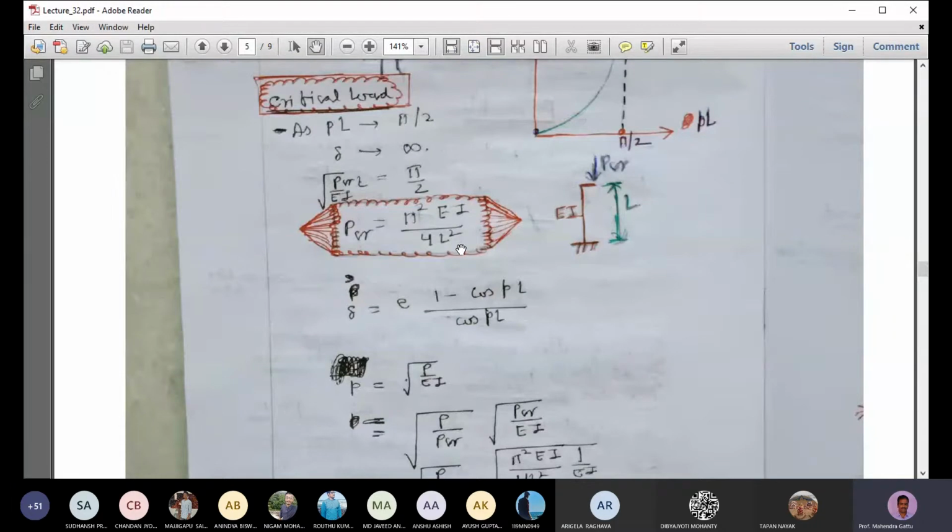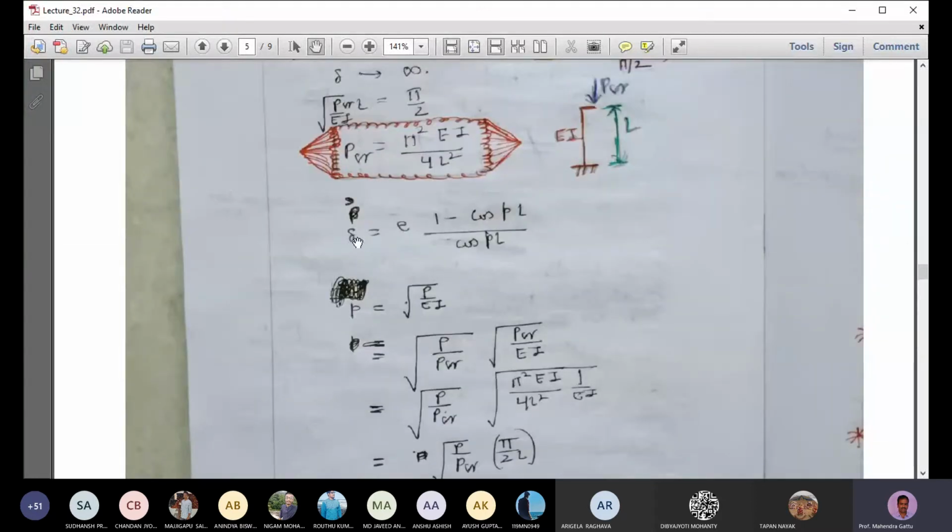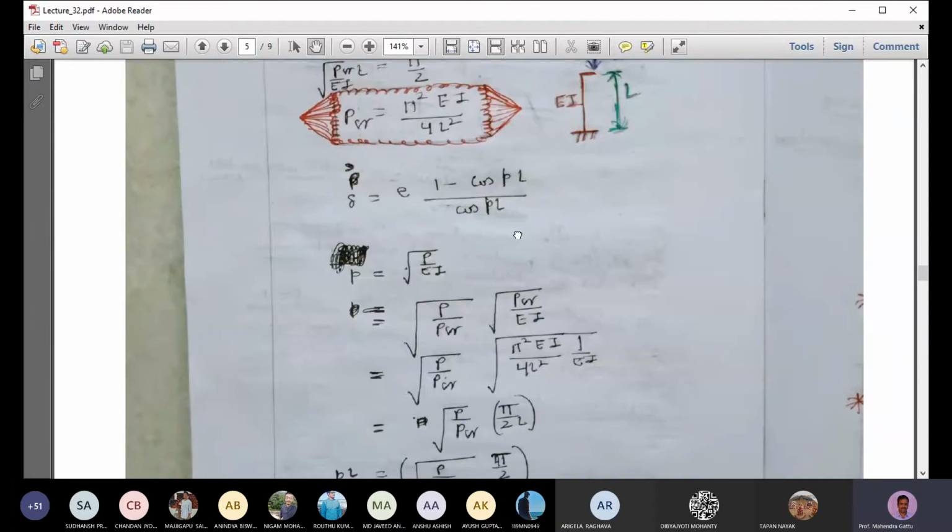Why it is called critical load, we'll discuss in the next slide, but now we'll go through some derivation. We have our equation for deflection, delta is equal to e into 1 minus cos pL by cos pL. We write this equation in terms of P critical and capital P, the applied load. For that we'll do some algebra.